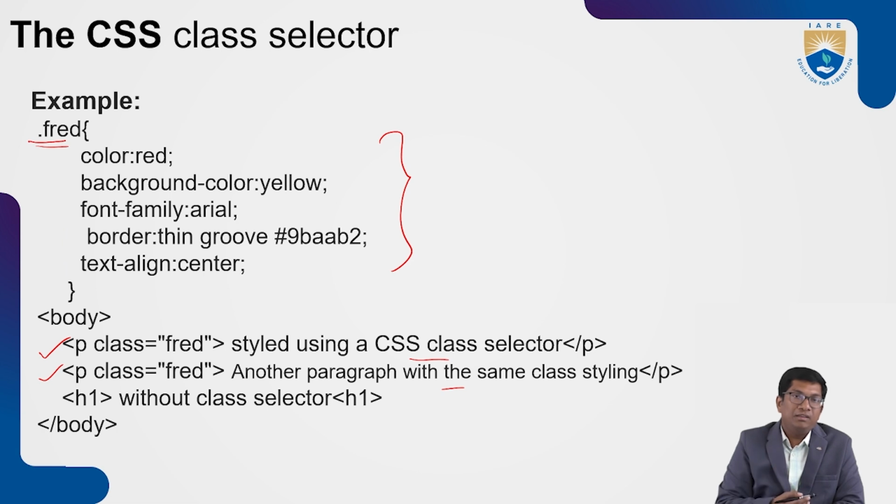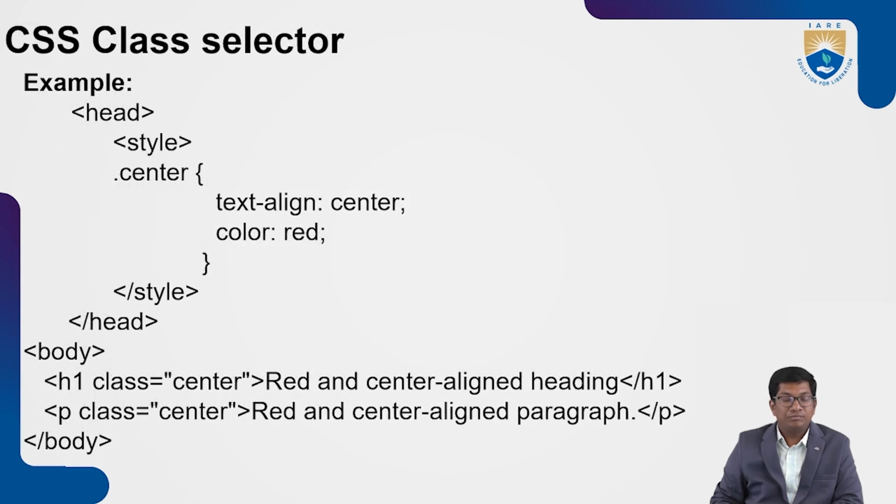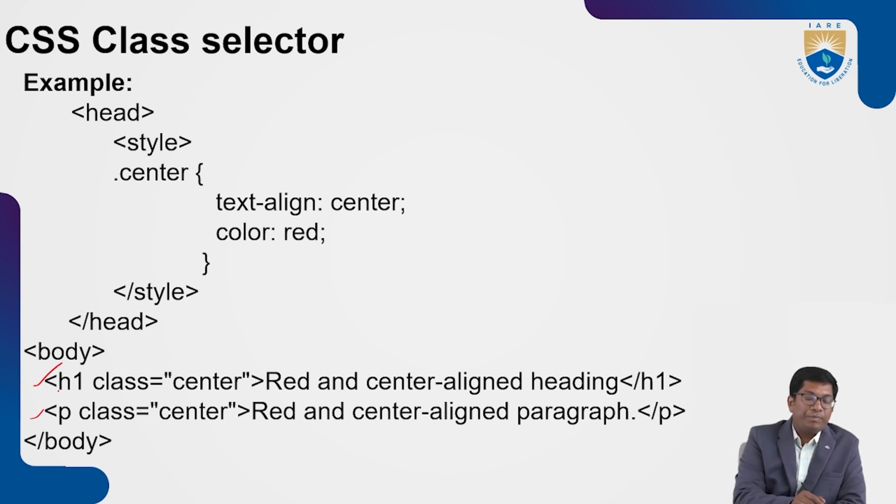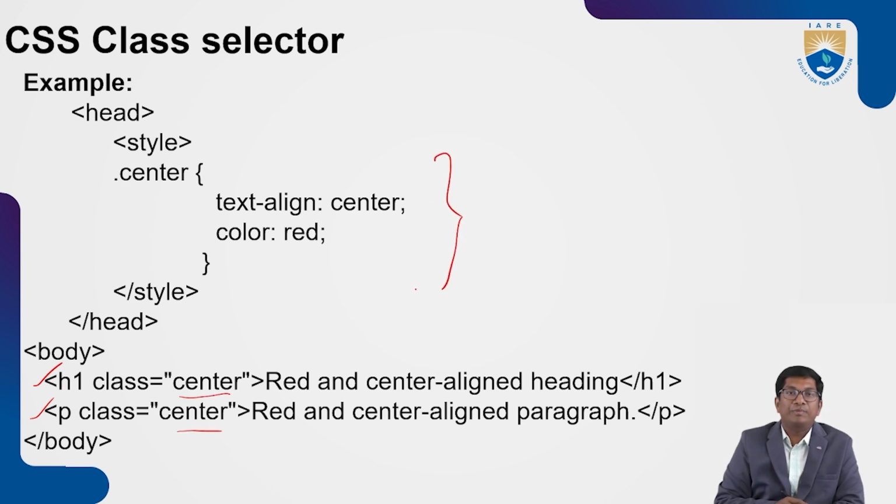If it is an ID, then you have to start with hash. All these properties apply for these two paragraphs, so multiple elements you can assign it. Here it is different elements, H1 and P. For different elements also, if you give class equal to center, it will apply the same properties.